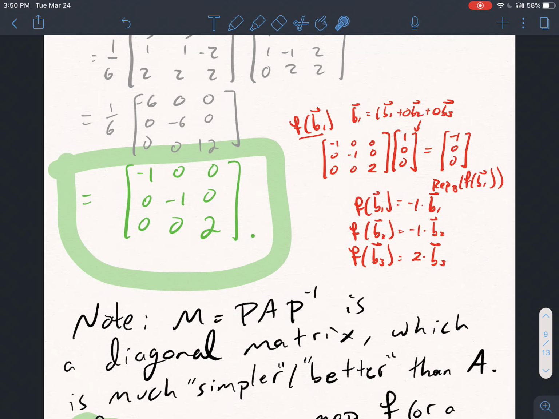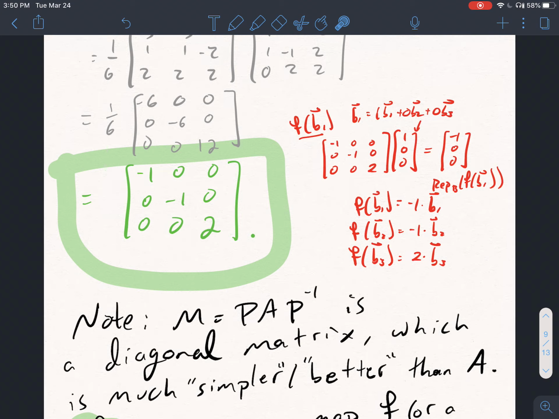Okay, f of b1, how do I know what f of b1 is? Where b1 is like the first basis vector from B, the basis B. Well, b1 is equal to 1 times b1 plus 0 times b2 plus 0 times b3.